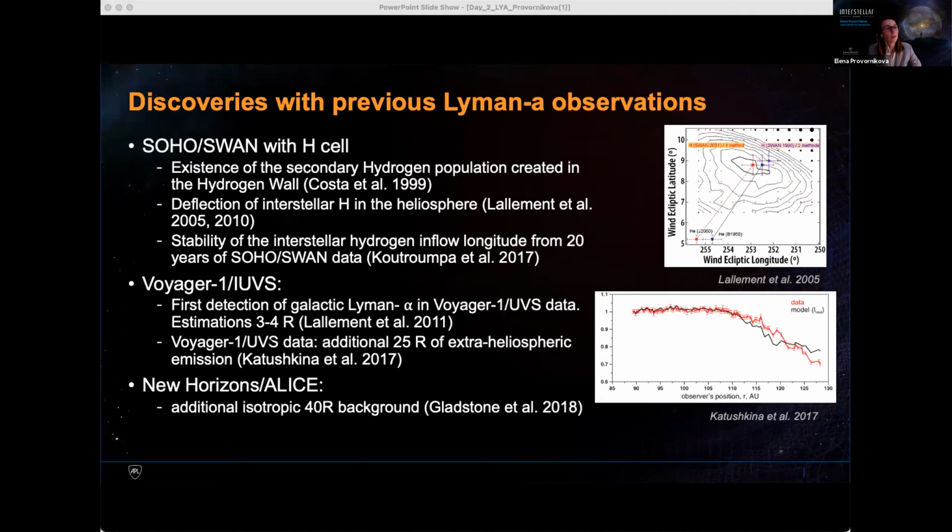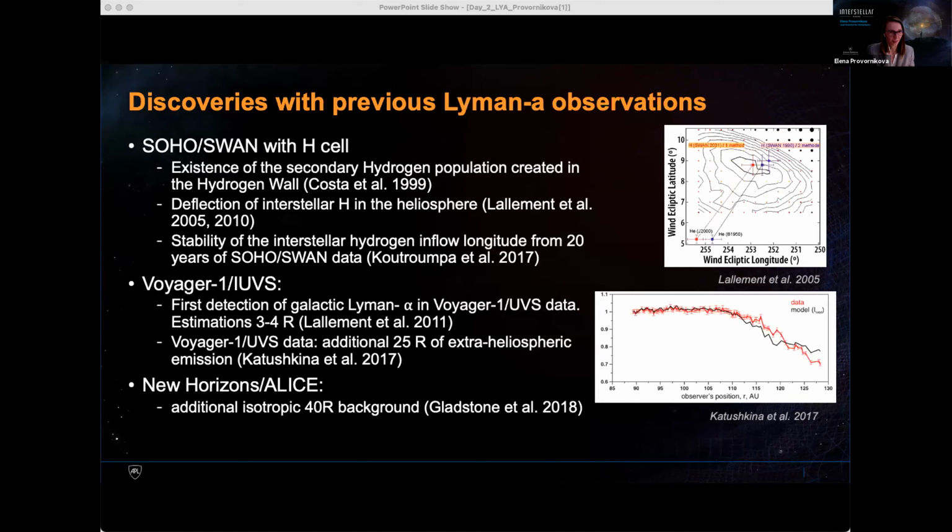And also, I would like to mention the observations of Lyman-alpha that were made in the outer heliosphere from the Voyager 1 UVS instrument, and also ALICE on New Horizons that we heard about already in this workshop. Data from both instruments imply that, to explain the variation of Lyman-alpha intensity versus distance, you need an additional few tens of Rayleighs of signal which is non-heliospheric.